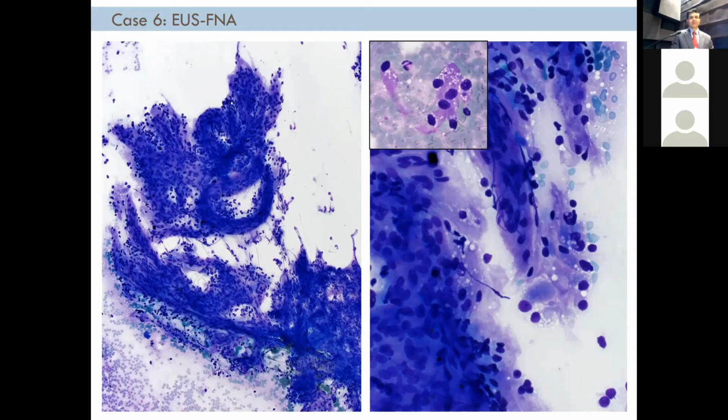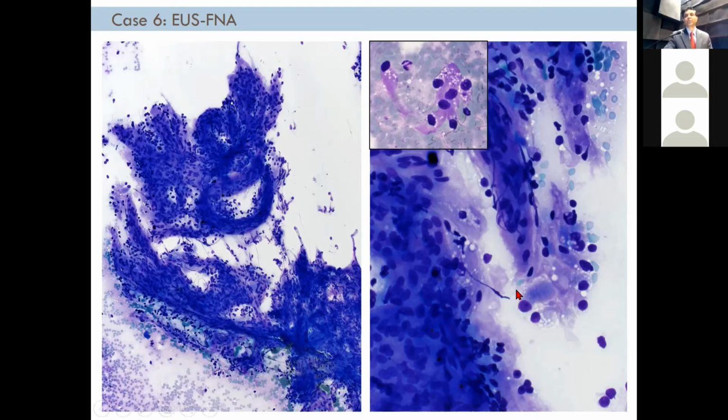The cytological smears that you see over here have a very characteristic morphology. You see these large groups which show transgressing blood vessels. And these blood vessels are actually lined by discohesive tumor cells.